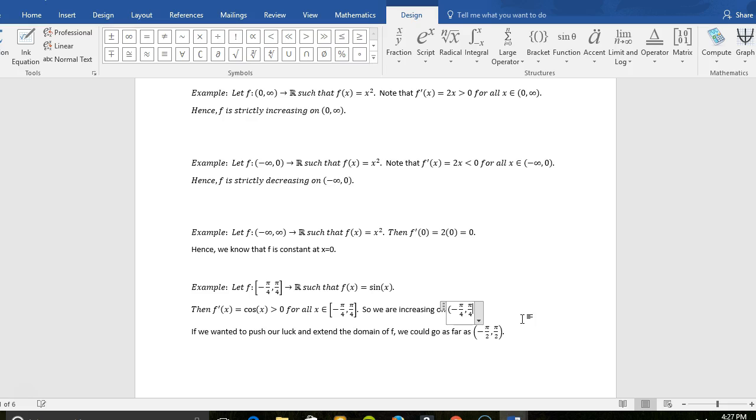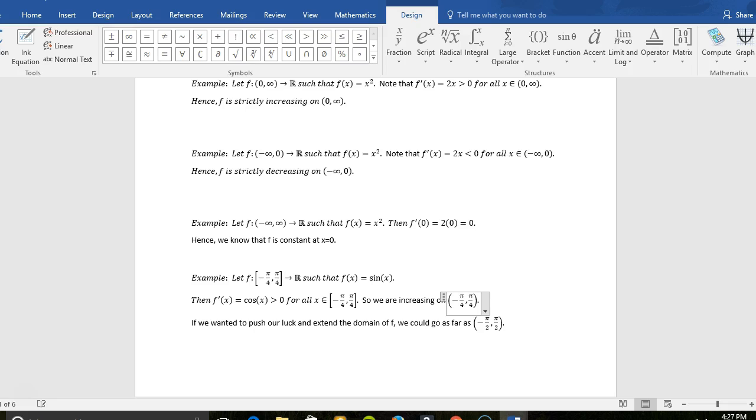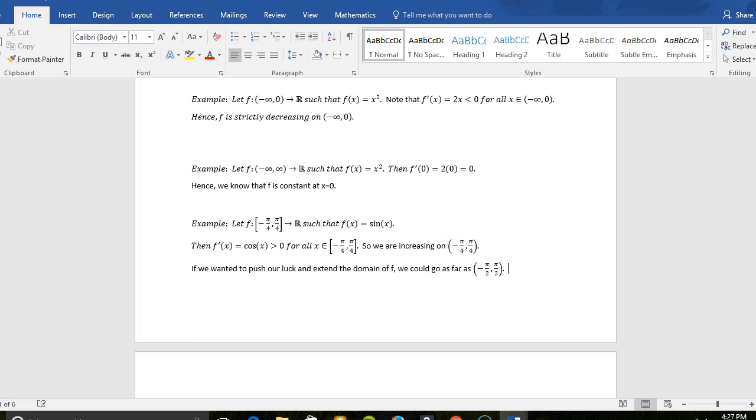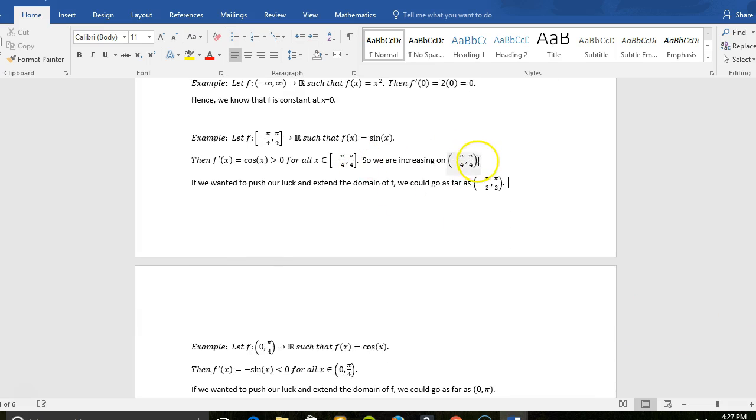We can only say that we're increasing on this open interval right here. I forgot to tell you that, and that's my bad. Your professor would get you for that. I'll save that in the editing right now. Remember, increasing and decreasing need to be on an open interval. Constancy as well. So we're increasing on this open interval.